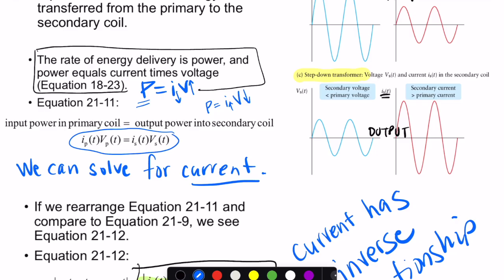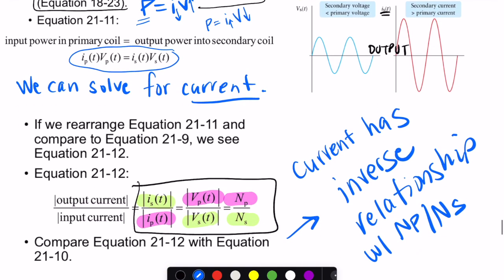If we solve for current and develop the ratio of the currents, you can see I color-coded the primary and the secondary, and the ratio of the secondary current to the primary current is inverse to the number of coils.